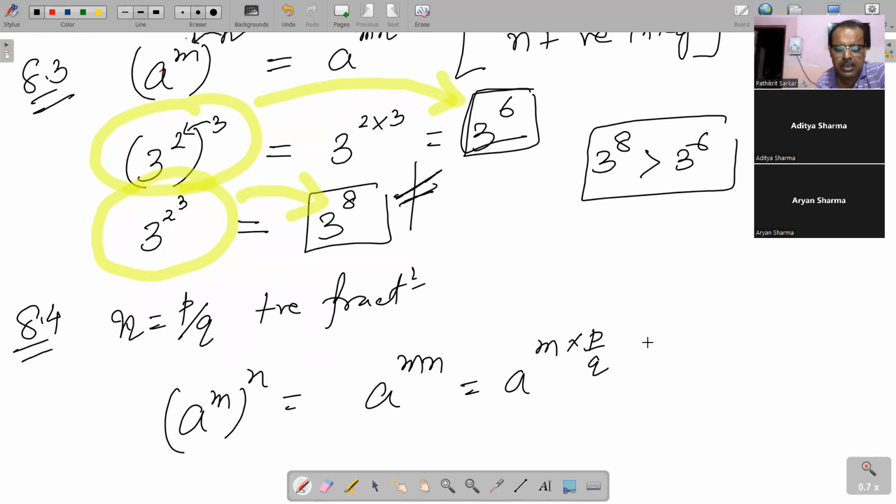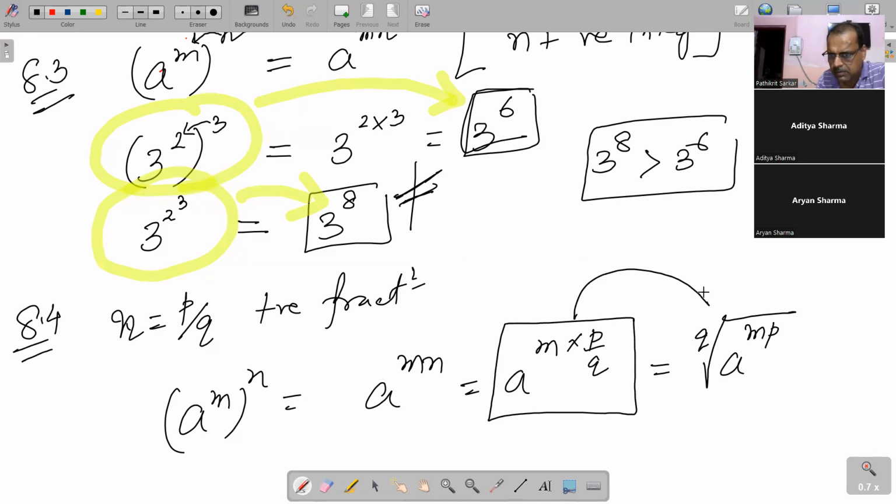This is the way we can write it. So ultimately we can write a to the power m into p, qth root of this. This portion we can write in this form.